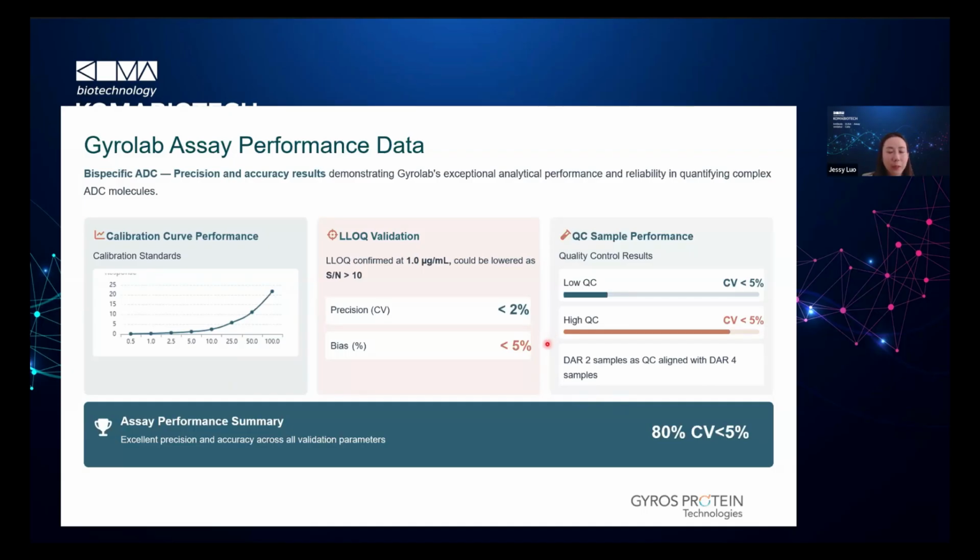Recently, we also see some other customers facing similar issues. Sometimes it's because of the low affinity of the molecule itself, or sometimes they don't have very good reagents. For example, they only have commercially available antibodies to support the assay, which often happens in preclinical studies. Commercial reagents are easy to get, but sometimes they don't have very high affinity with your samples.